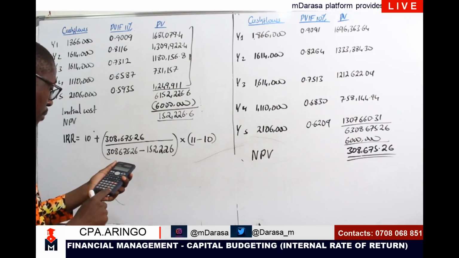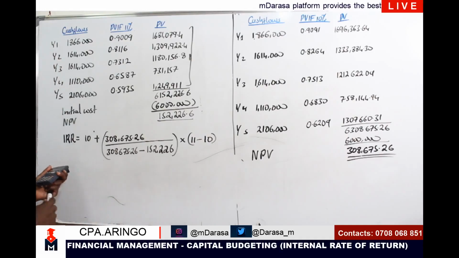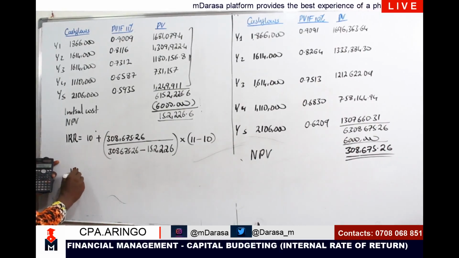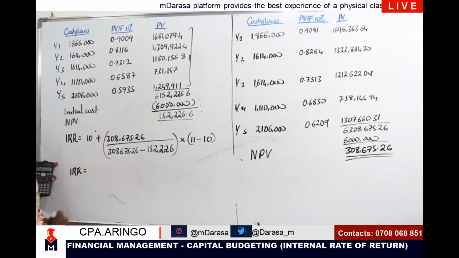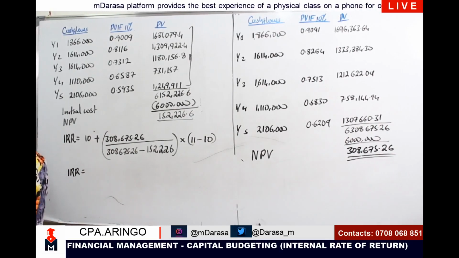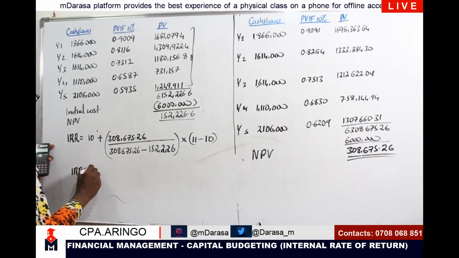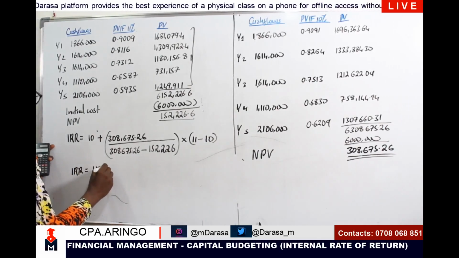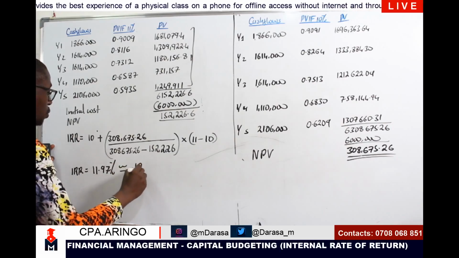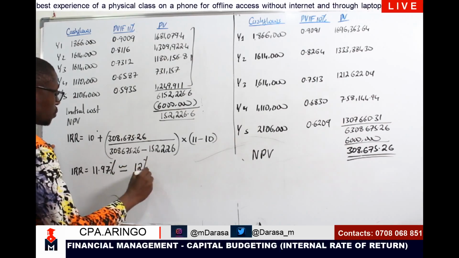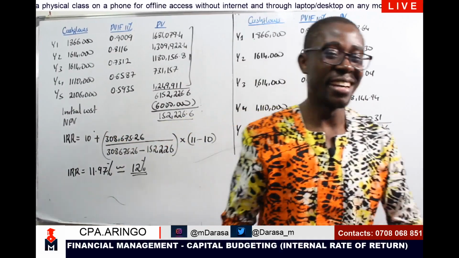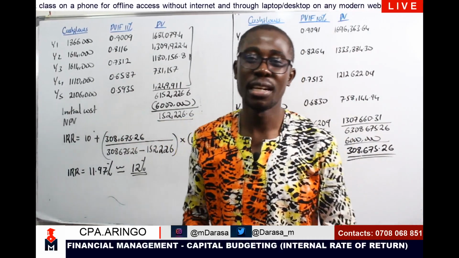That should give me 11.97%. So my IRR here, I should comfortably say, is 11.97%, which we can translate to 12%. So basically, that is how we normally determine our IRR.